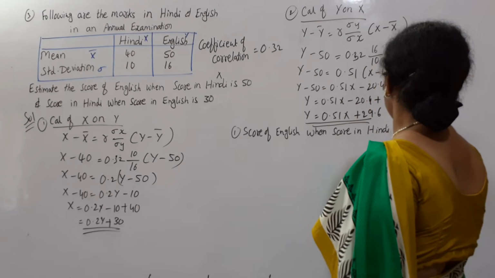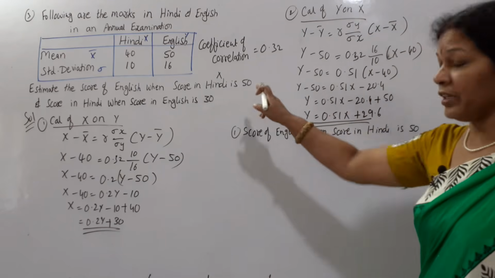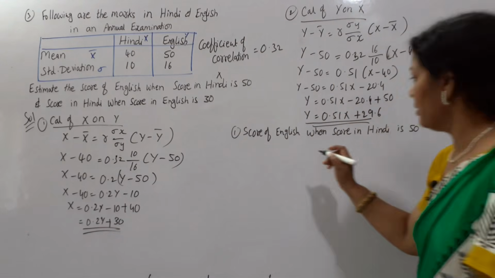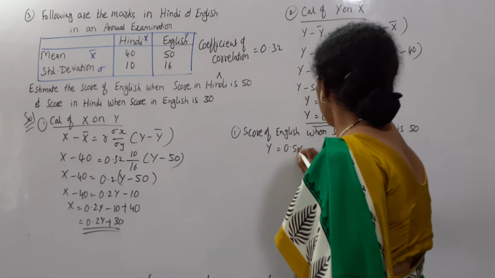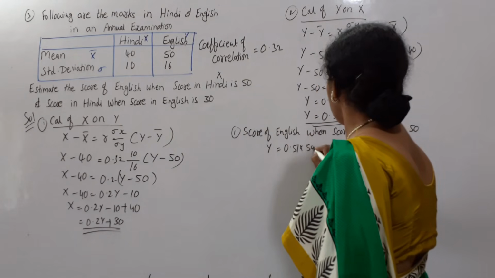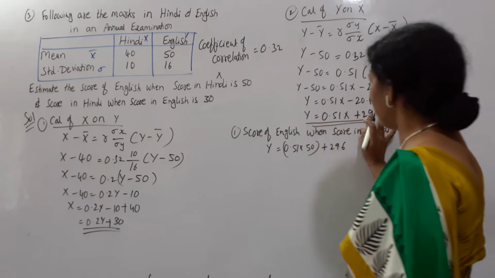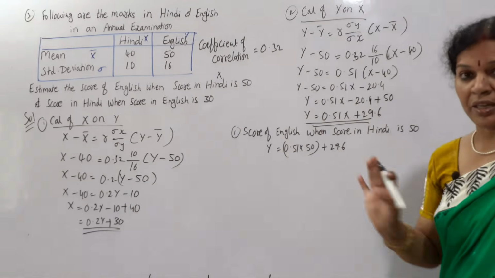This one will apply Hindi, means that x value is given. X value means we can take this formula only. Y is equal to 0.51 into x value, which is how much? 50. 50 plus 29.6. Formula as it is I have written only. In place of x what they have given, 50, that I have written.